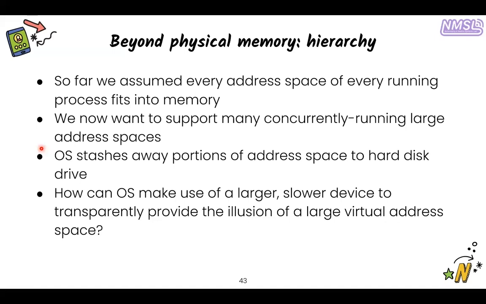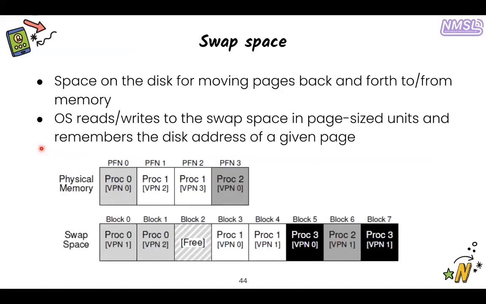So the key question here: how can the operating system make use of a larger, slower device to transparently provide the illusion of a large virtual address space? The concept we use here is called a swap space. Swap space is basically a space on the disk for moving pages back and forth, to and from memory.